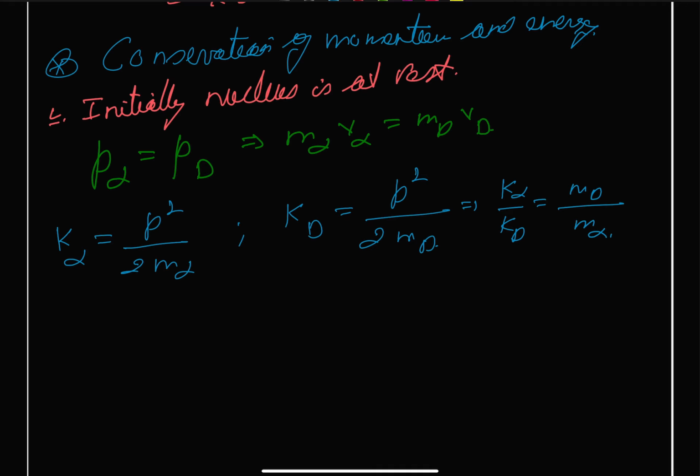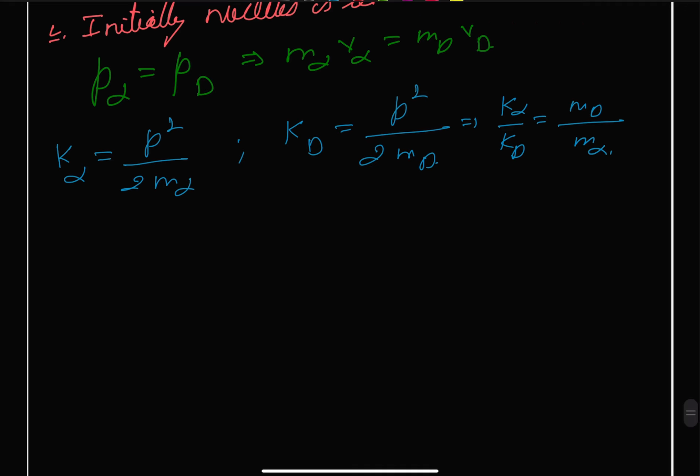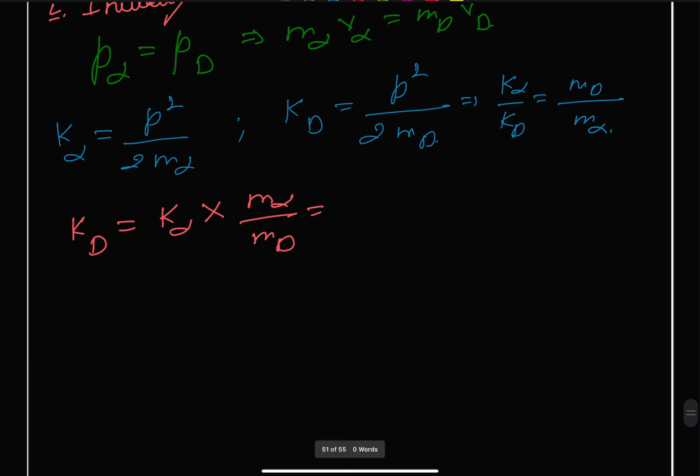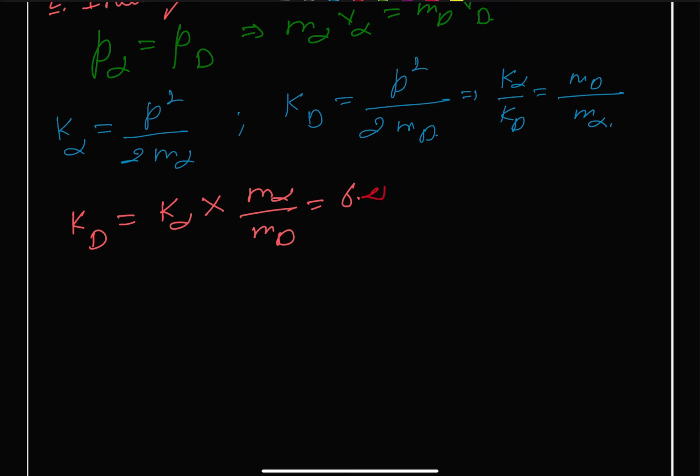So the kinetic energy of the daughter will be equal to kinetic energy of alpha multiplied by mass of alpha over mass of the daughter. And this is 6.24 multiplied by 4.002 divided by 223.610. This will be 0.112 mega electron volt.